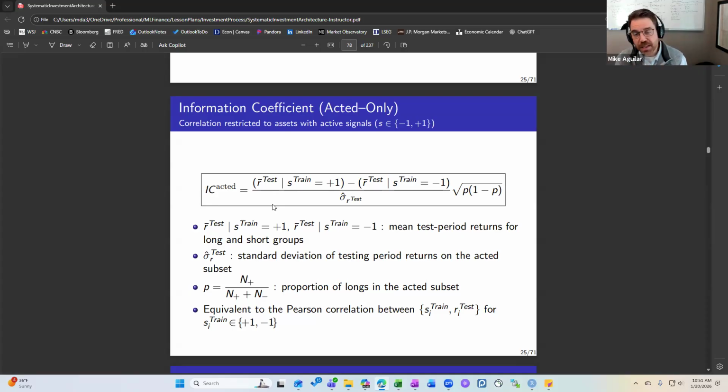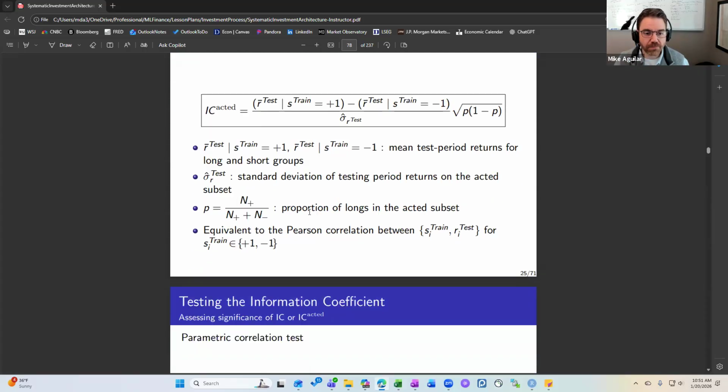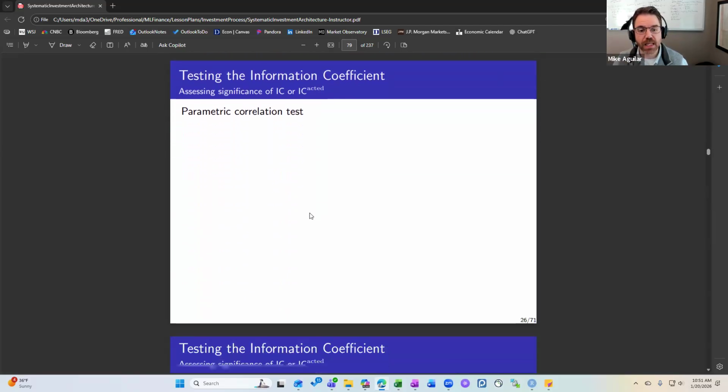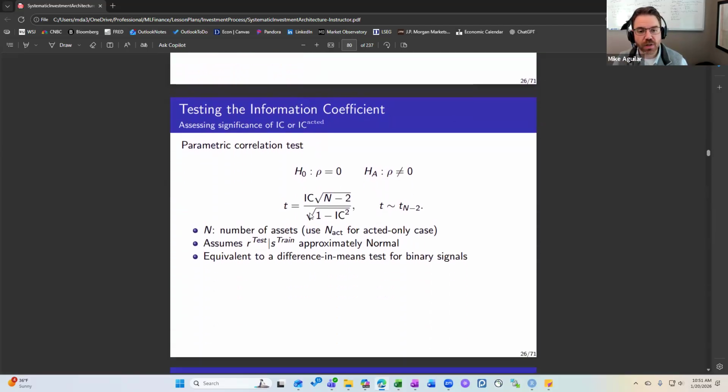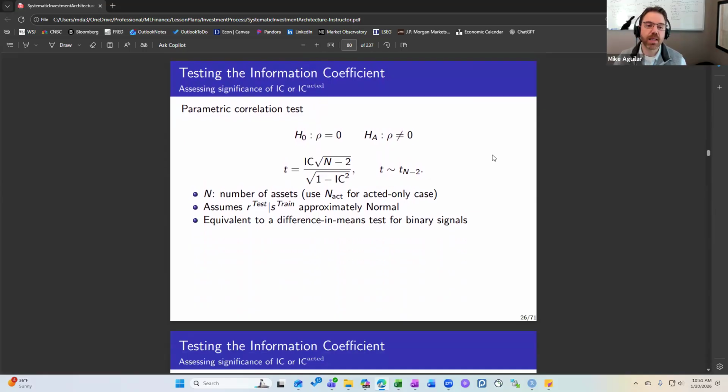How big is big? How big is big? We need a test. And one of the ways we can construct a test is with a parametric form for correlation about whether or not that correlation coefficient from IC or the IC acted is equal to 0, or if it's not equal to 0.